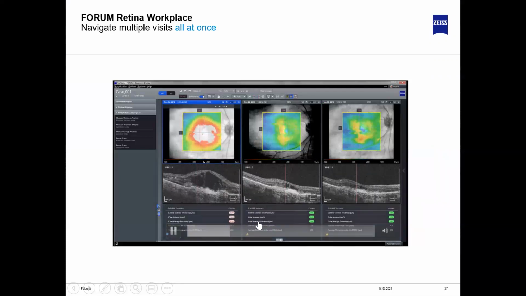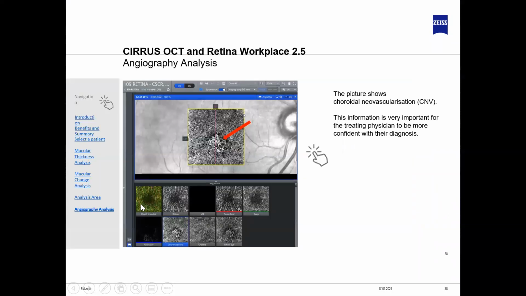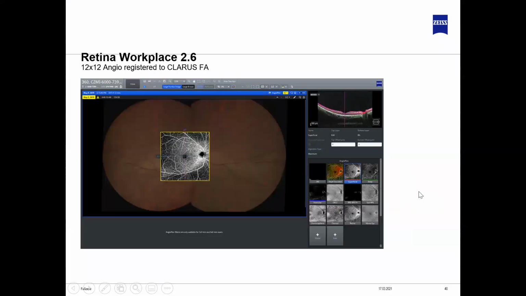And here, again, you can see the longitudinal changes, as well as using the OCT angiography. And finally, the color fundus, and you can overlap the different modalities and toggle them one from the other.